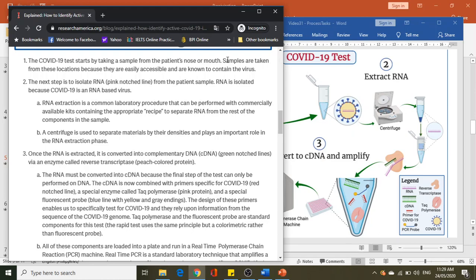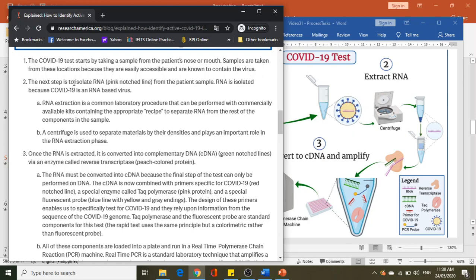Samples are taken from these locations because they are easily accessible and are known. So are known is the passive voice. Samples are taken. And if you notice, there's no need to mention who takes the samples. They are not important. We don't need to say by the researcher or by the medical professional.